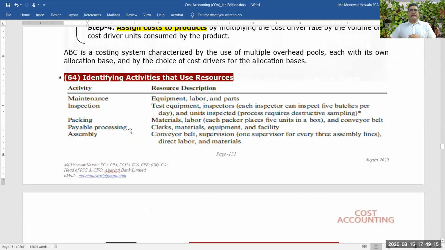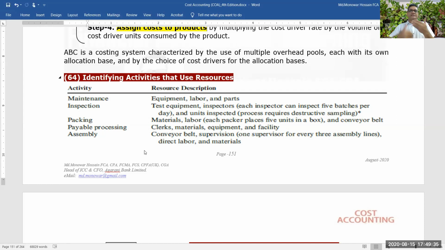And identifying activities that use resources, that means activity maintenance. So the resource description would be equipment, labor, and plant. Inspection activities, and the resources would be test equipment, inspections, etc. Unit inspected.